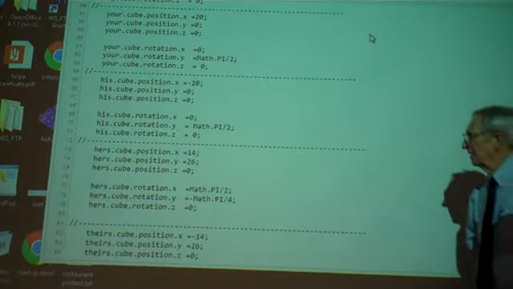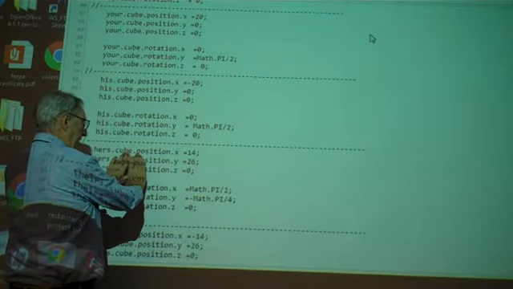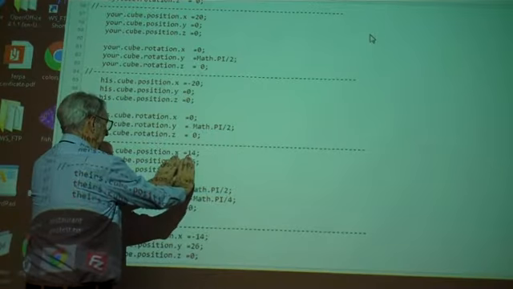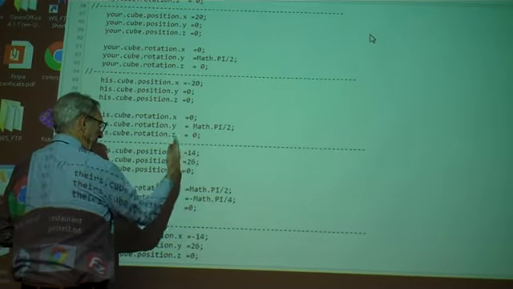Okay, so here's what I did. Everything starts on the back wall. I moved it over here, and then turned it 90 degrees over the Y-axis. So now it's a wall over here.